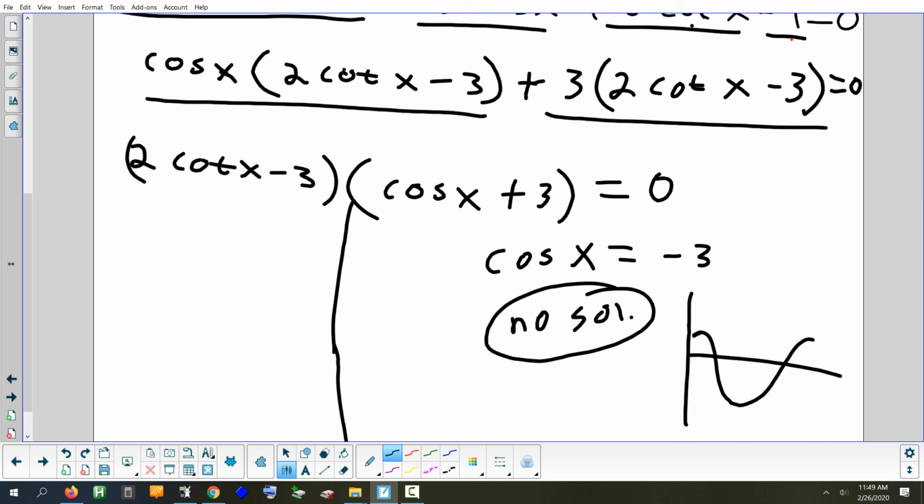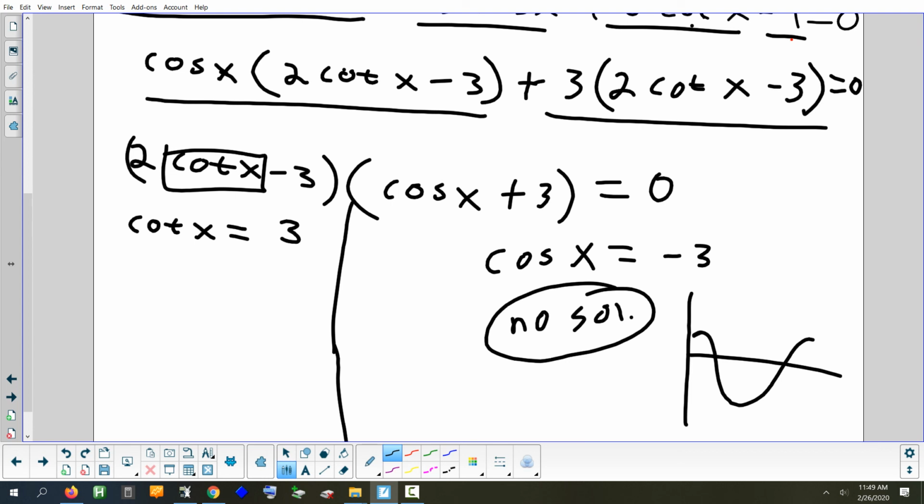Okay, so now let's look at this one. Think of this cotangent. It's like a block. You got to get that block by itself first. How would we deal with the negative 3? Yep. You would add it. And how would you deal with the 2?